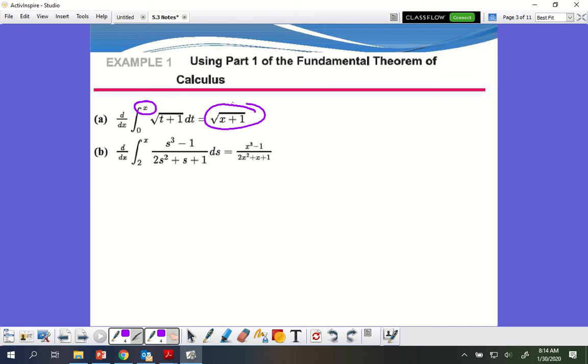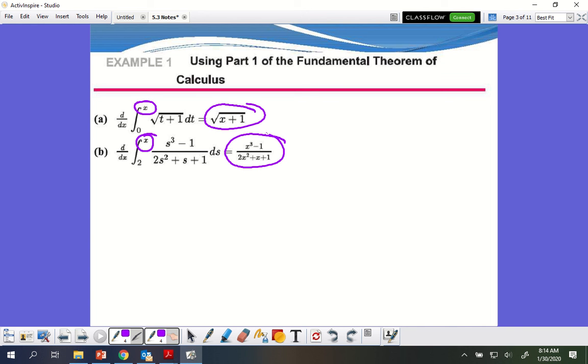Now it does the same thing here. So this is going to be ds, right? When I have it in terms of s, but now I'm doing it as x, which is going to end up becoming the function in terms of x, right there. Now, if you think about it, if I take a derivative of something and it's not the variable, what happens?